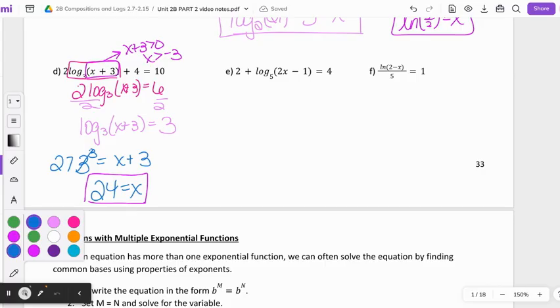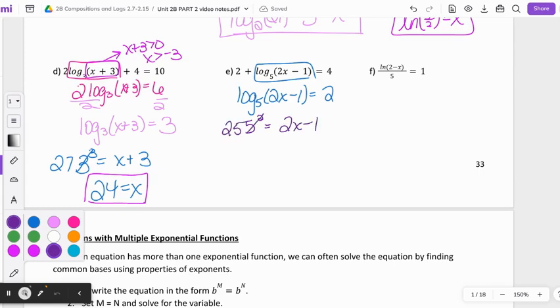All right, for this next one, isolating the log expression, so subtract 2 over. Now we're going to convert that to exponential, so 5 to the 2nd equals 2x minus 1. 5 to the 2nd is 25, so now do some solving.